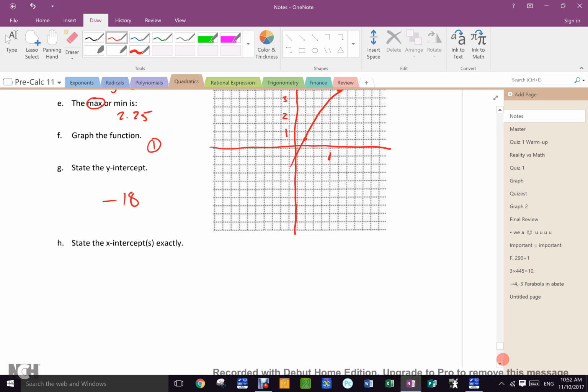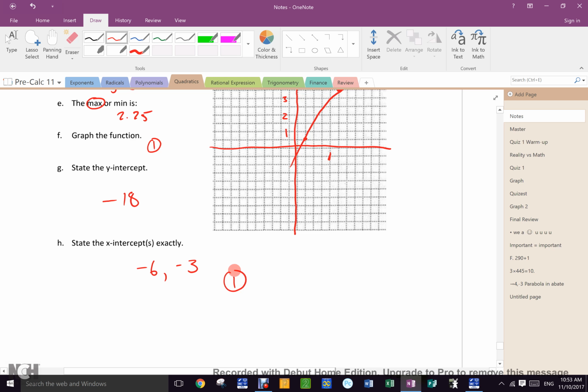Yes. Is it factorable? Yes, so you could use factoring. Is it from slope, from vertex form? Could you put in y equals 0 and solve it? Yes, and the answers are, I believe it is negative 6 and negative 3.